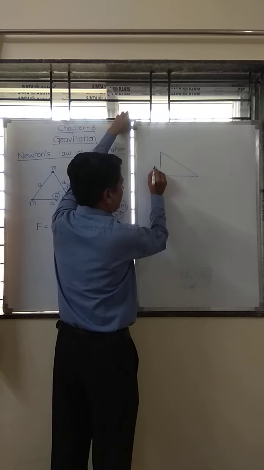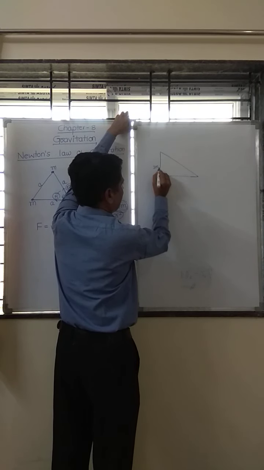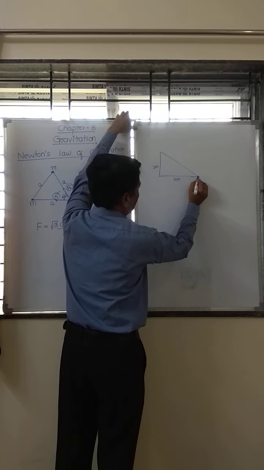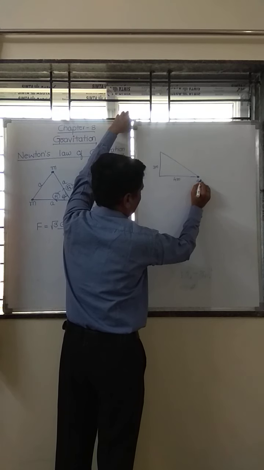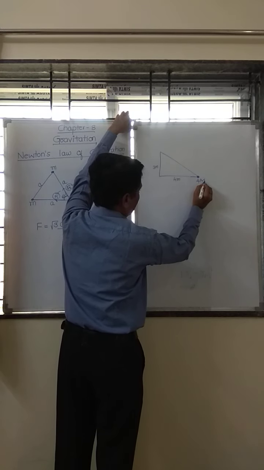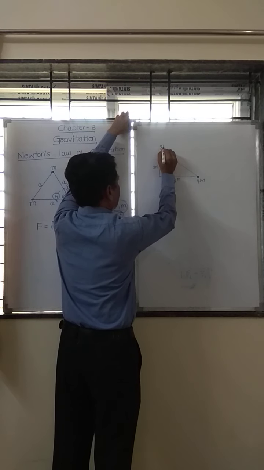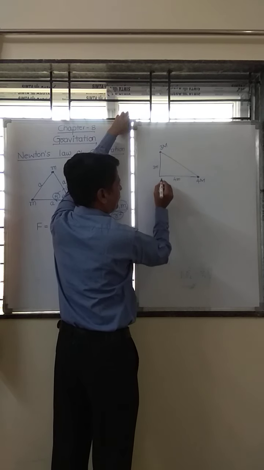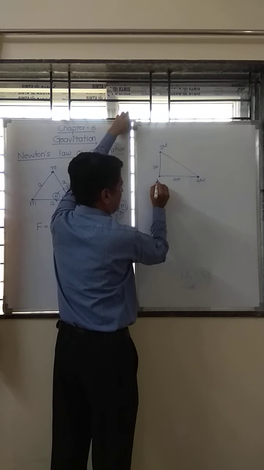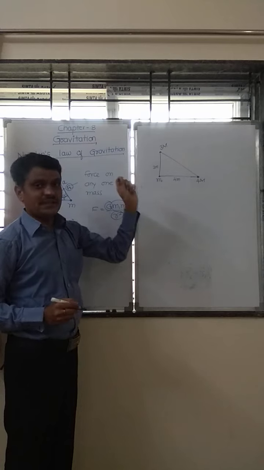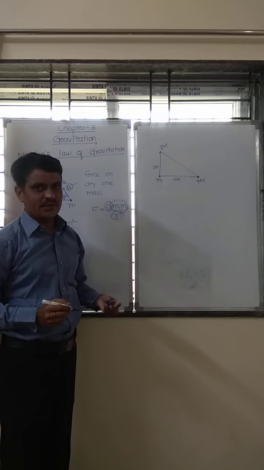As you know, say it is 3 meter, it's 4 meter, here it is 4 m, it is 3 m. Here say m naught. What is the force on m naught? Okay.